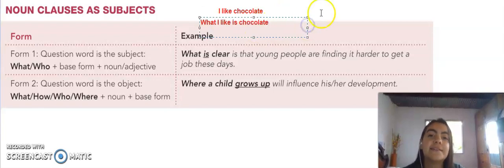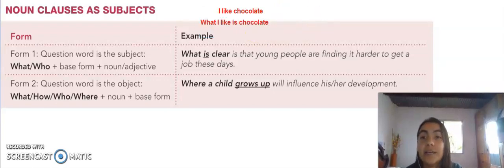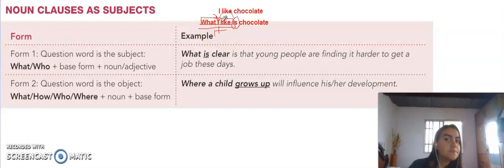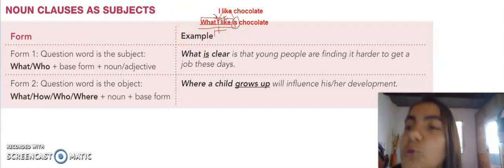So in this case, I will replace it with what I like, which is this. So this is my noun clause. As I told you, it's a group of words in which I have a subject and a verb, and it works as a noun, because I conjugate my verb with that noun.